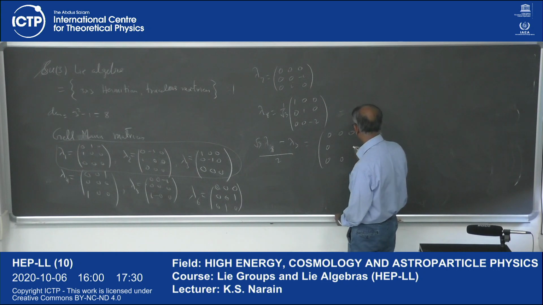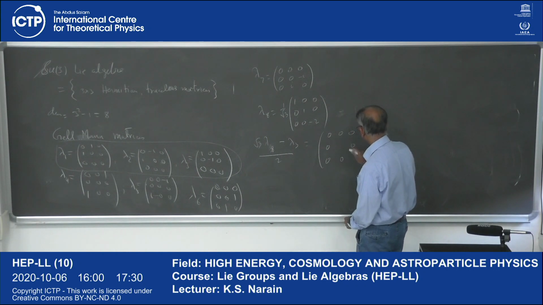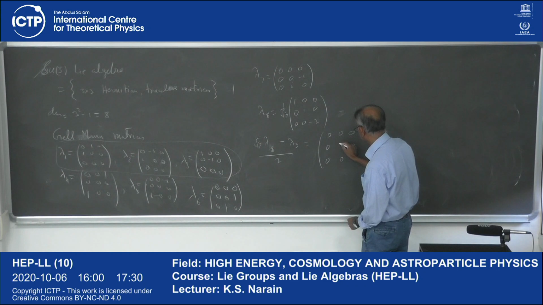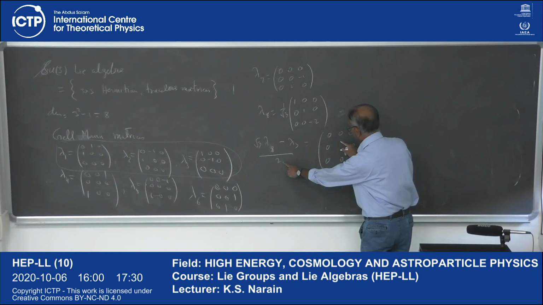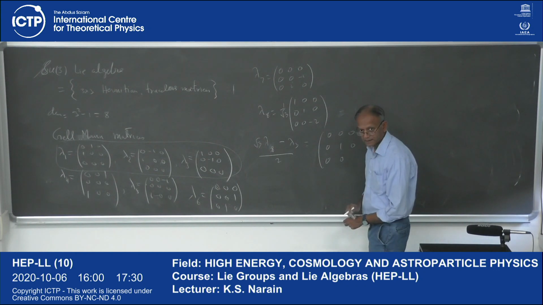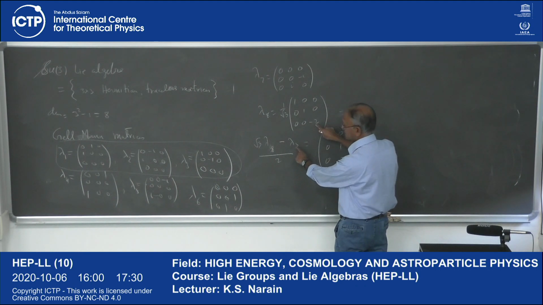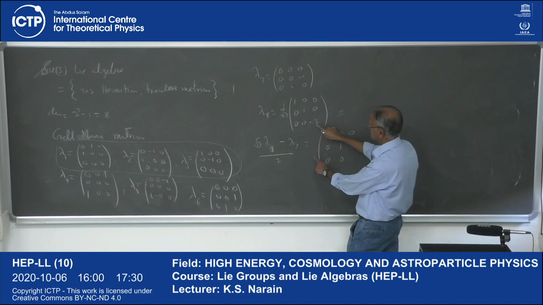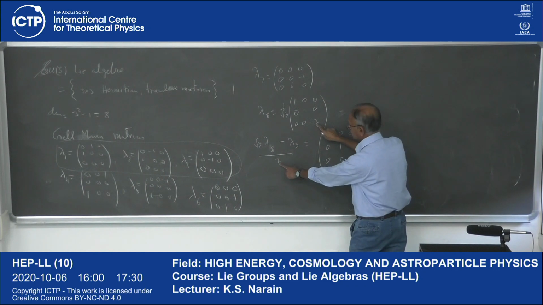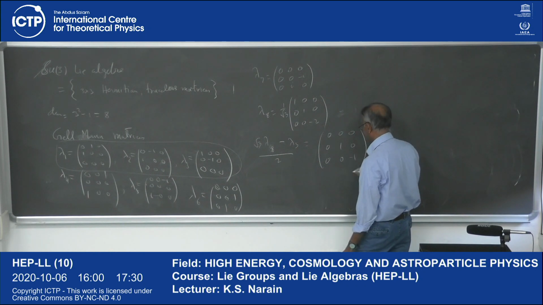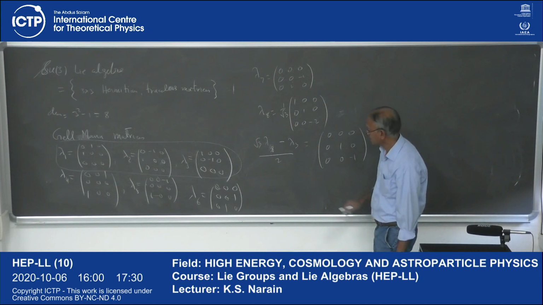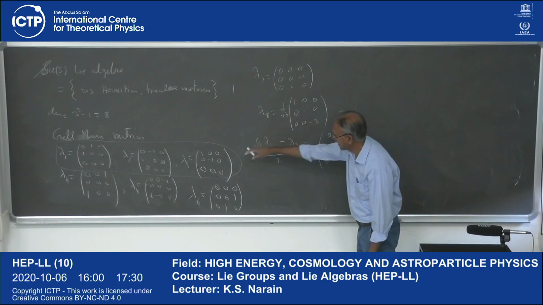Only worry about this diagonal part. Here this is 2, but I'm dividing by 2, so it's 1. And then here, nothing happens because the lambda 3 has no component like this, so this still stays minus 2. Minus 2 divided by 2, minus 2. So a certain combination of this and that.